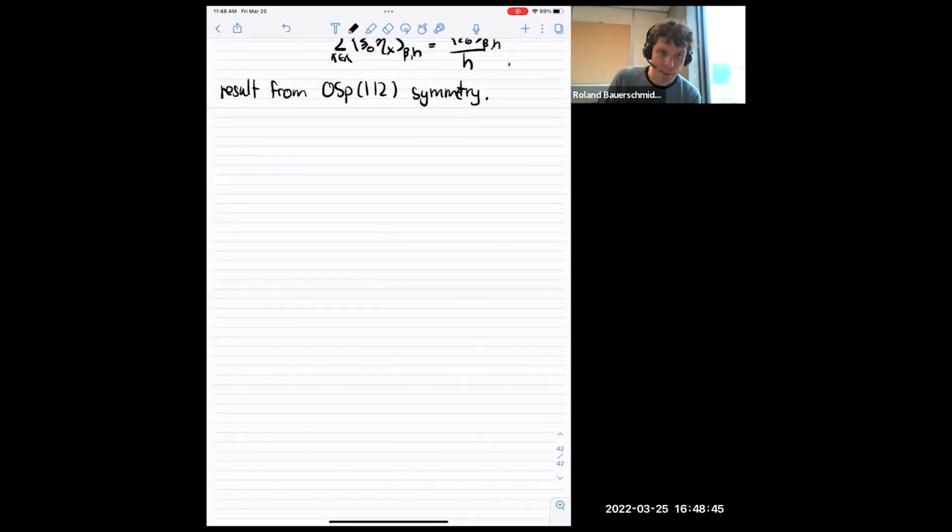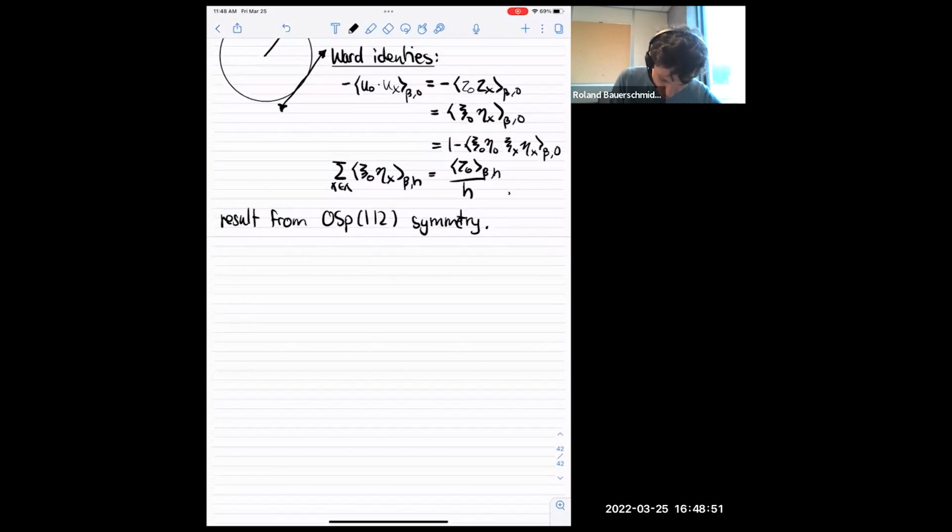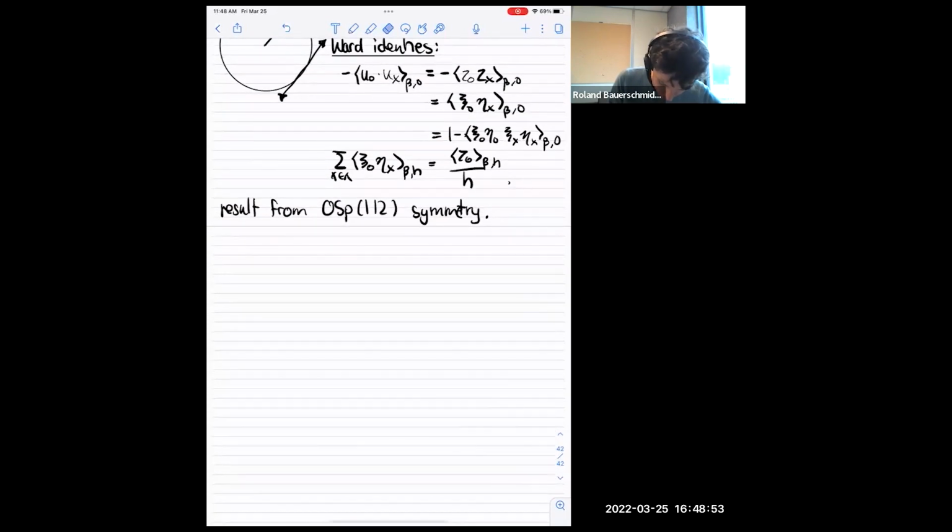So roughly speaking, if we go back to the psi and psi bar variables, for example, Z naught is just the expectation of 1 minus psi 0 eta 0.